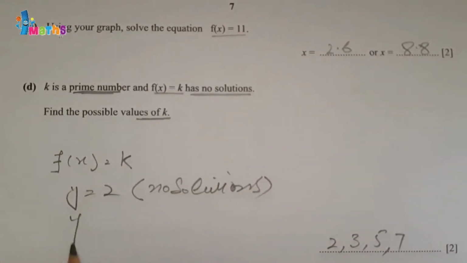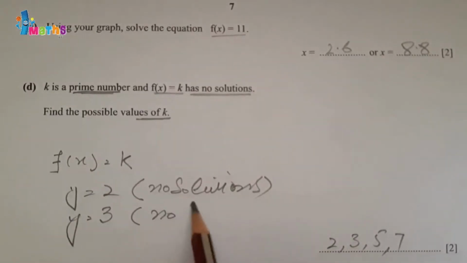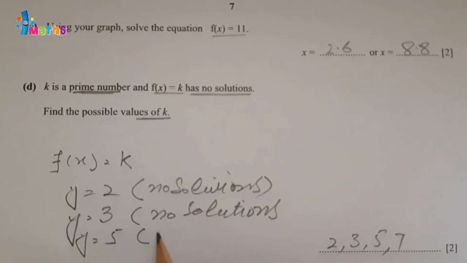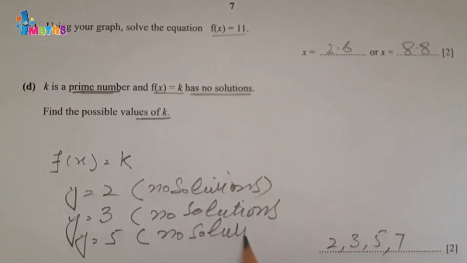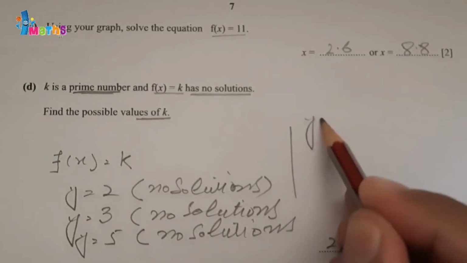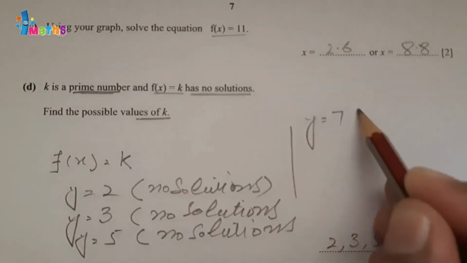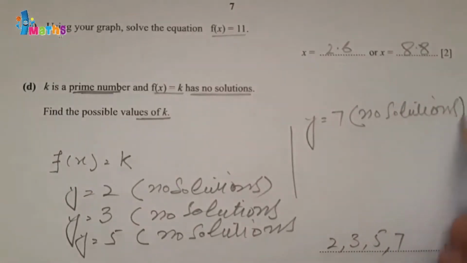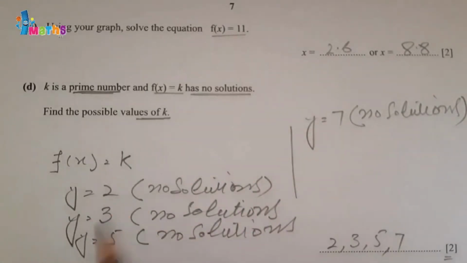Then write down y is equal to 3, which is also no solutions. Then y is equal to 5, which is the same thing, no solutions. And the last one, you can write y is equal to 7, which is also no solutions. Because this is 2 marks, it is better to insert this detail also in this question.